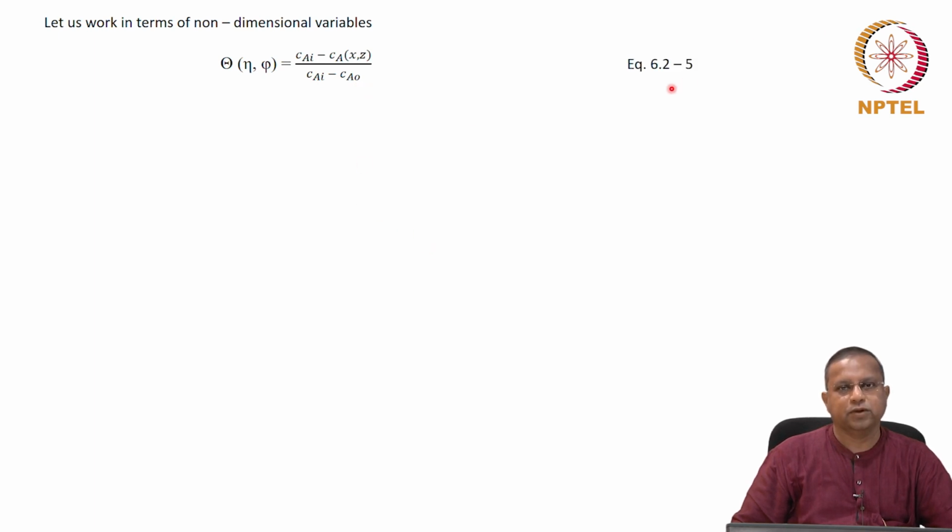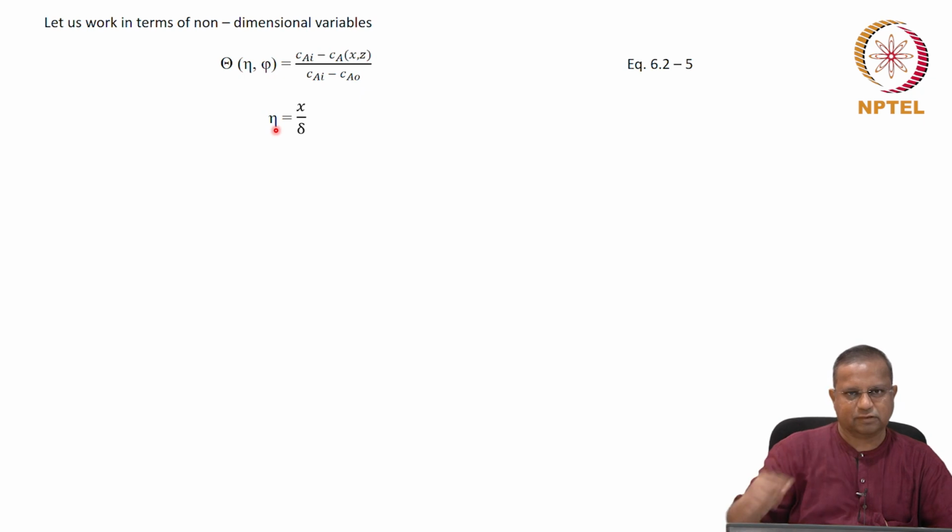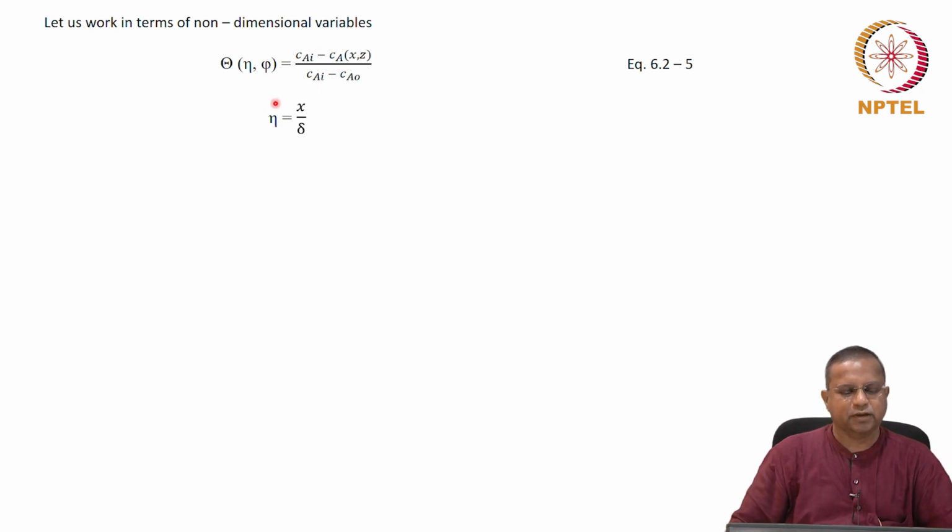Equation 6.2-5. Our eta is the x coordinate dimensionless variable, obviously x by the thickness of the film delta. Equation 6.2-6. And phi is equal to z D effective divided by V0 delta squared. Okay. This is equation 6.2-7.